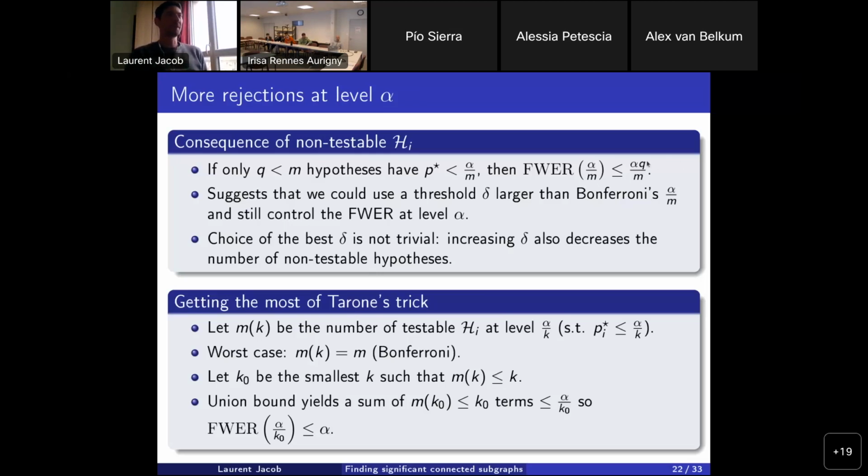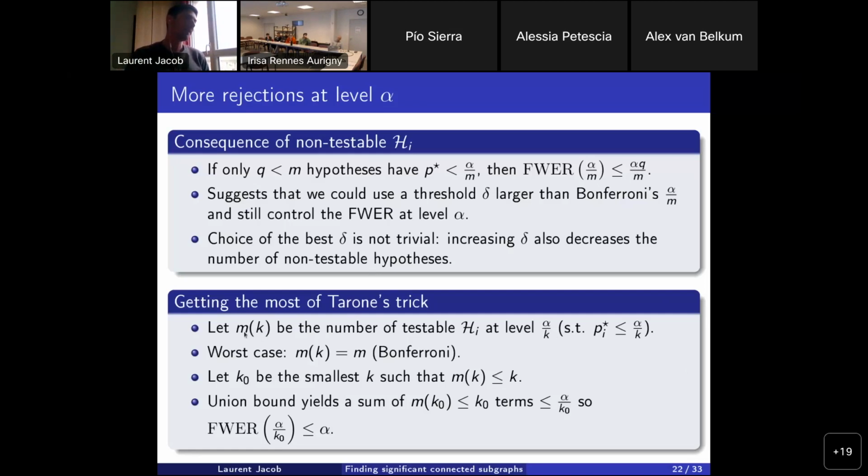The Q will actually be larger. So you cannot determine it. There is no trivial way to say, okay, this is Q, this is the number of non-testable hypotheses, because it will depend on the threshold. If you increase the threshold, then you will also change Q, and so you may not control at the level alpha anymore.